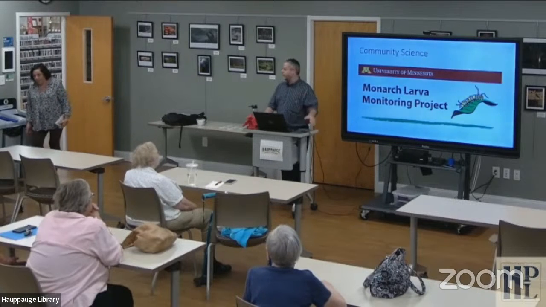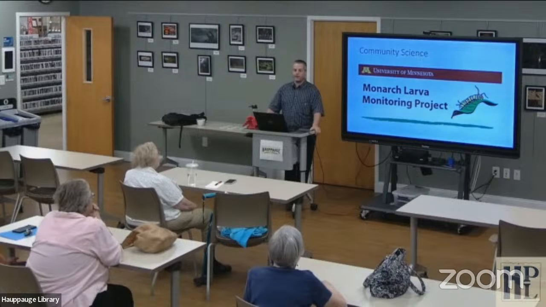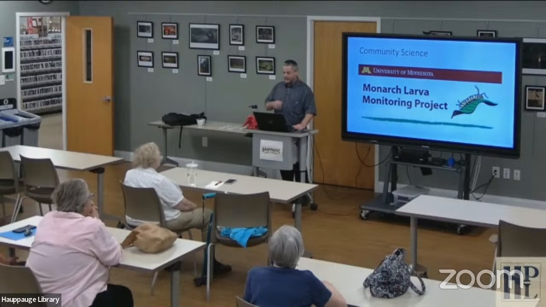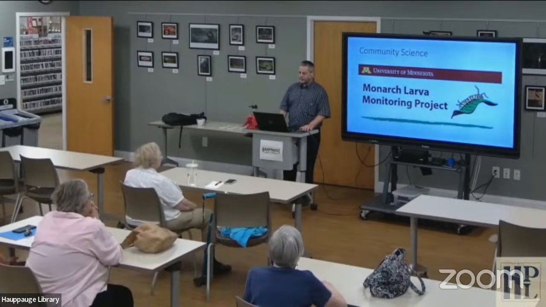There's also a program called the International Monarch Monitoring Blitz, which takes place every year at the end of July and beginning of August. And if you're taking part, you report your sightings of monarchs, both the adults and the caterpillars, through an online data portal.